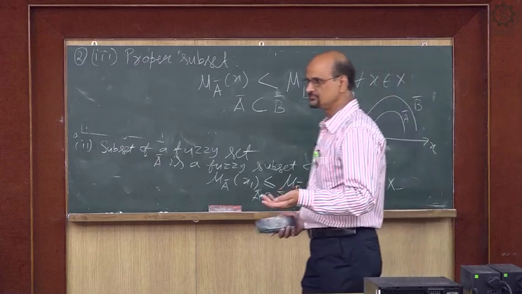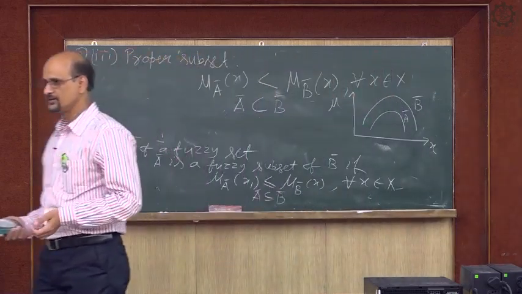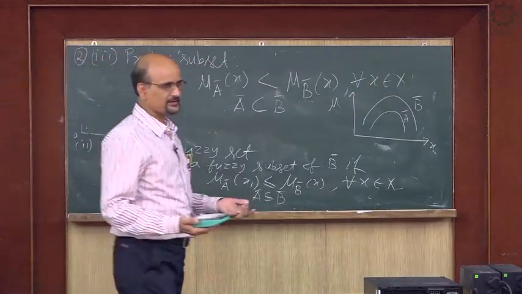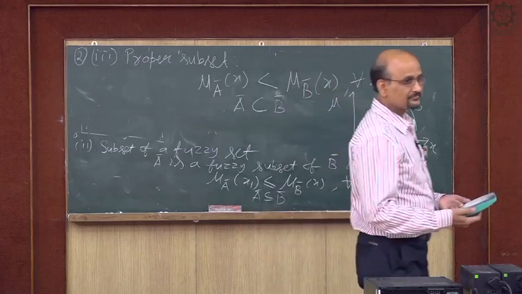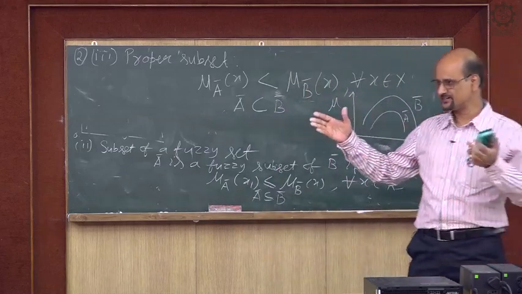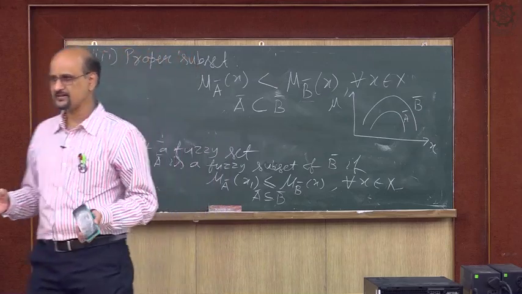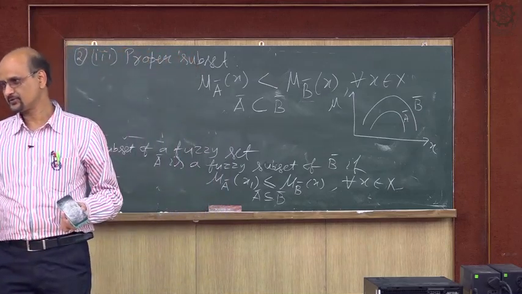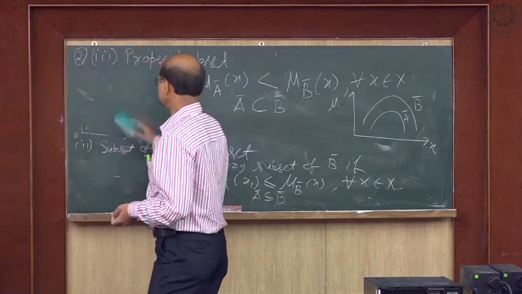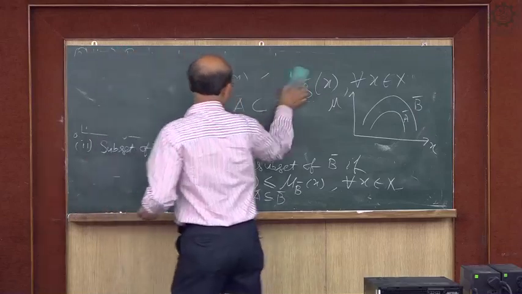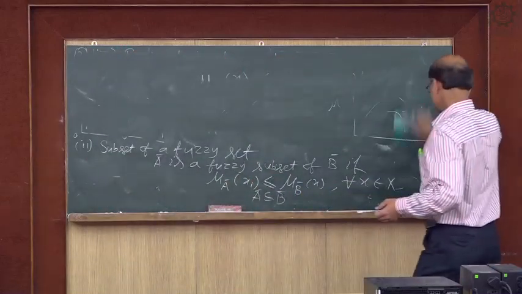Now comes to your cardinality. You know, in crisp set theory, cardinality is what? Number of elements in that set. So, for cardinality we have three types of cardinality in fuzzy set. Three types of cardinality. So, that you will see very easy again.